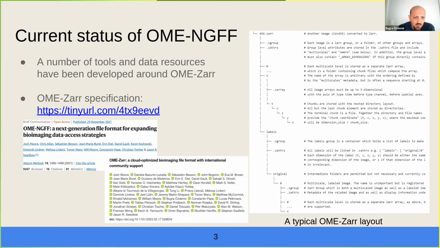You can also learn about the performance comparison between OME-Zarr and other file formats in this publication. And if you want to learn more about recent tooling such as converters, viewers, and libraries, you can have a look at this recent preprint.